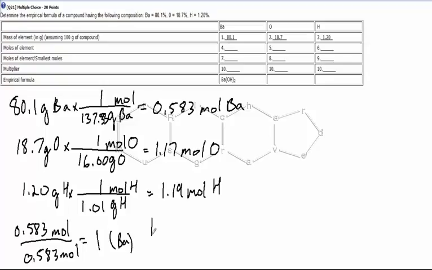Next we'll do the oxygen, 1.17 moles divided by 0.583 moles. And that's going to be near enough to 2.